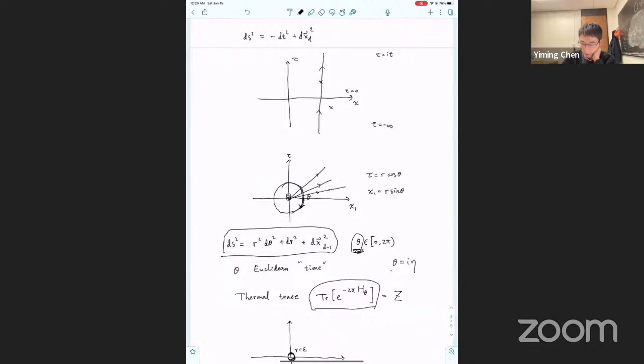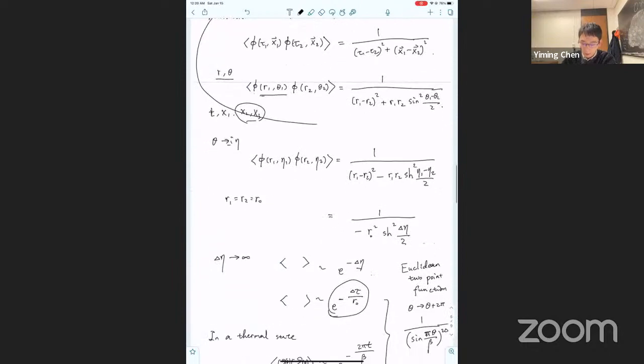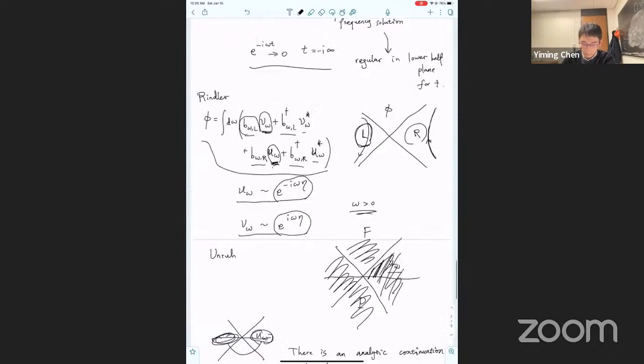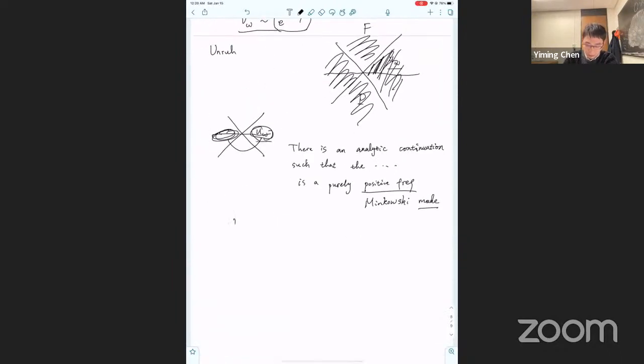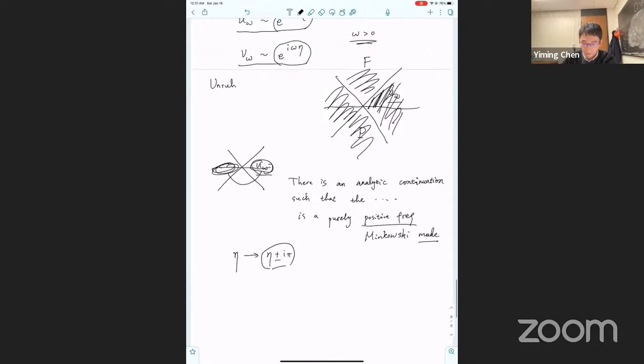And if we remember that theta is equal to i eta, the way that we can go from the right wedge to the left wedge is simply translating eta in the imaginary direction by amount pi. So we can start with the function in the right wedge, and by analytically continuing eta to eta plus i pi or eta minus i pi, we go to the left wedge. The question now is which one should we use when we do the analytic continuation?